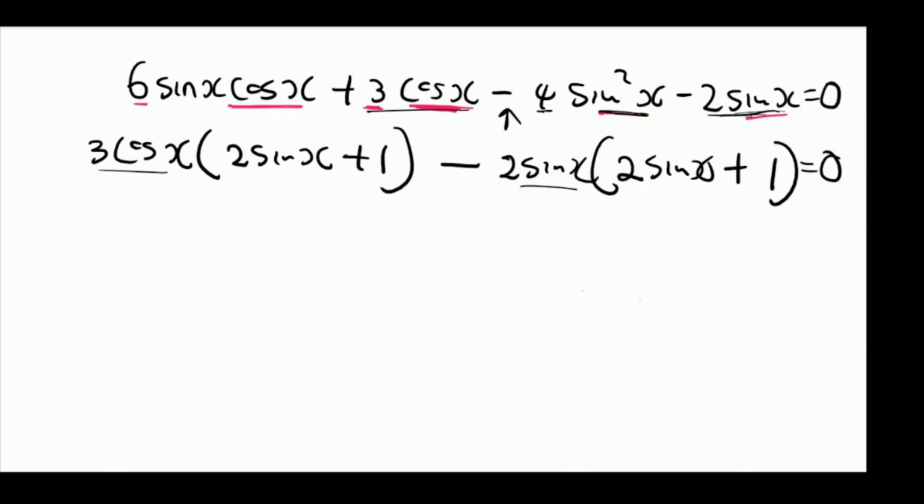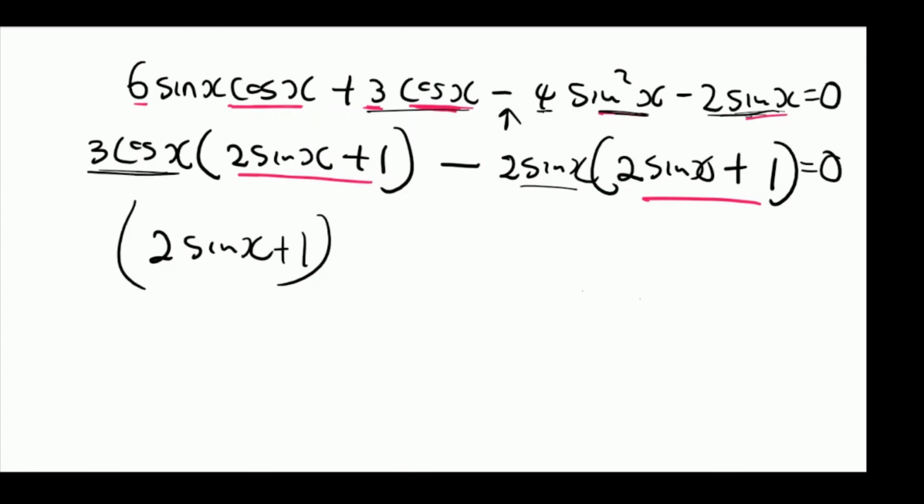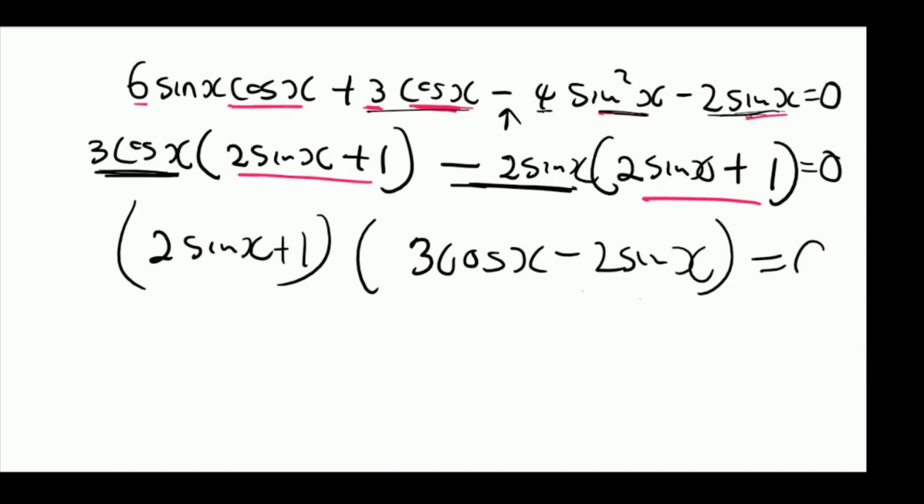What I need you to note is that what's inside is the same. So we're just going to write them as one expression, 2 sine of x plus 1, and then put the other in its own bracket. So it's going to be 3 cos of x minus 2 sine of x, right, equals 0.